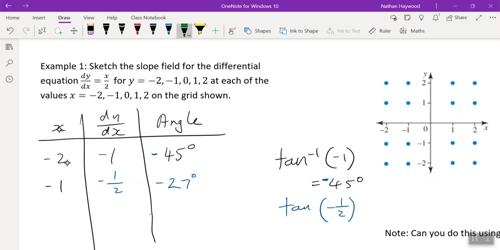So at x equals -2, and it doesn't matter what the y is, so let's just make y 0, because there's no y in here. So y equals 0, x equals -2, the angle is -45, like that.